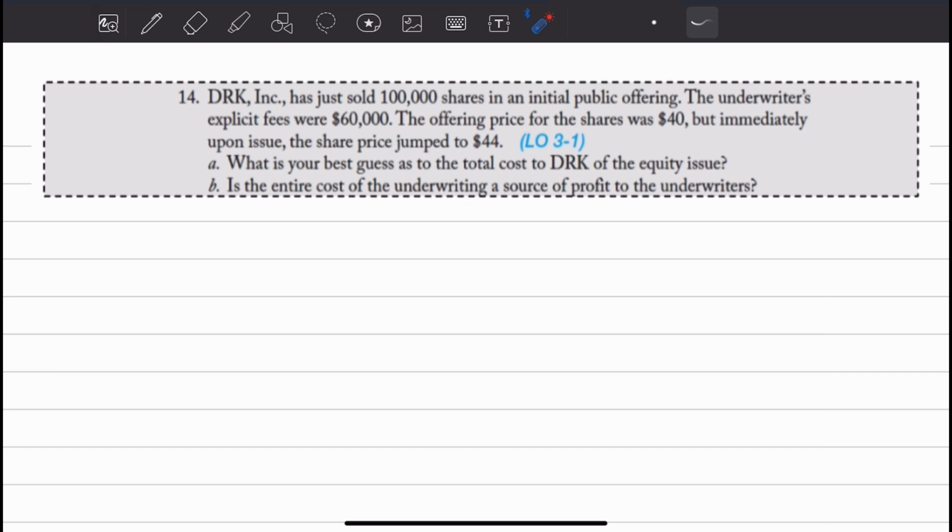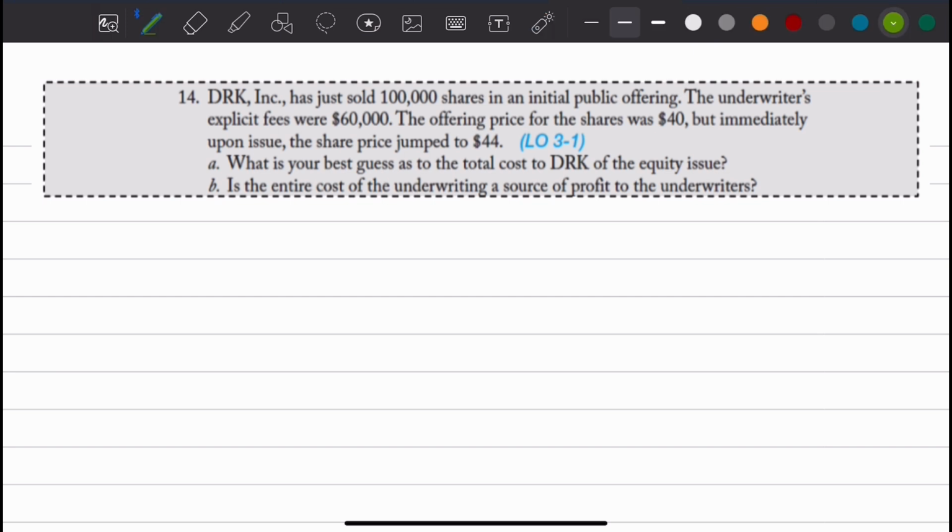They paid them the $60,000 for them to go ahead and oversee the initial public offering, right? However, there is another component to the cost, which is called the implicit cost.